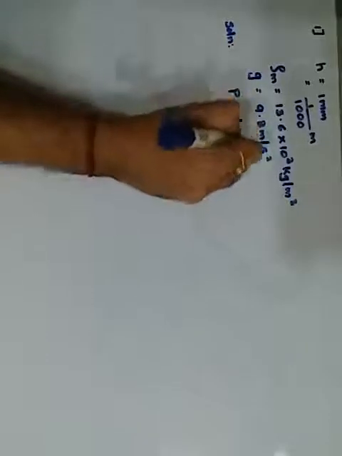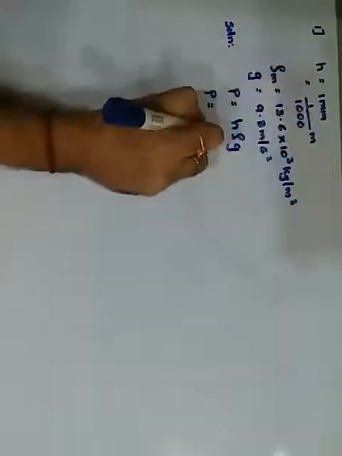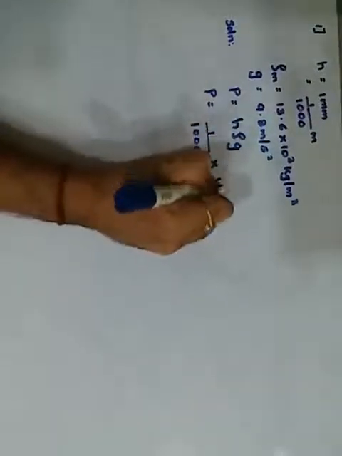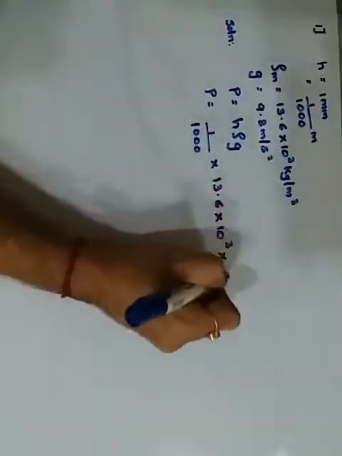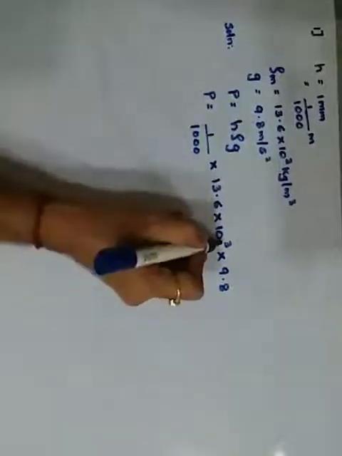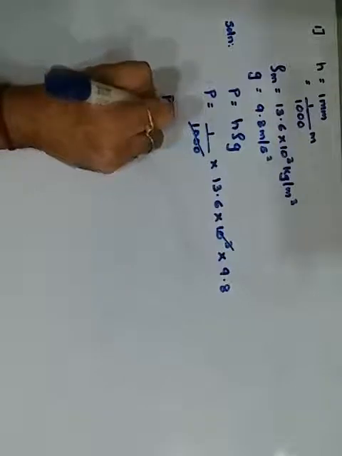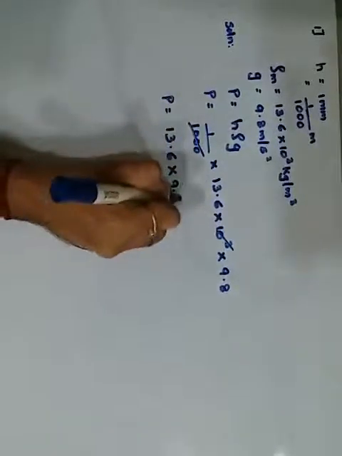Pressure is H into rho into G. Therefore pressure is equal to height is 1 upon 1000 into rho is 13.6 into 10 raised to 3 into G is 9.8. 10 raised to 3 means 1000. So this 1000 and this 1000 cancels. We are left with only P is 13.6 into 9.8.